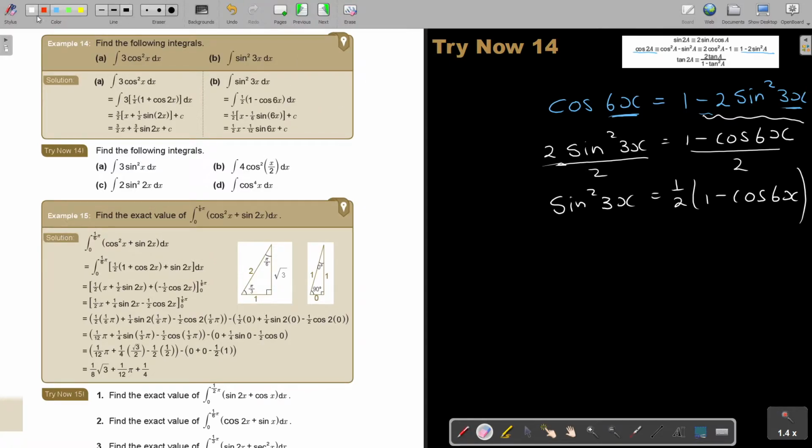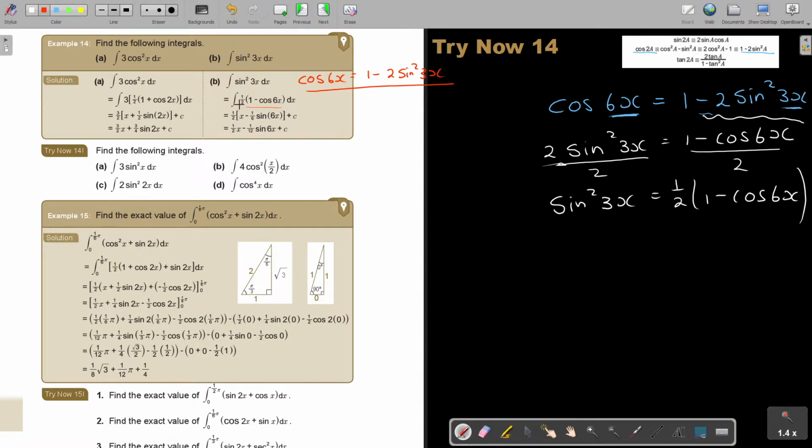I rather think I will put the note in to say that cos 6x is 1 minus 2 sin squared 3x. I think that note will help a little bit to understand why I got this. Okay, so this is very important.